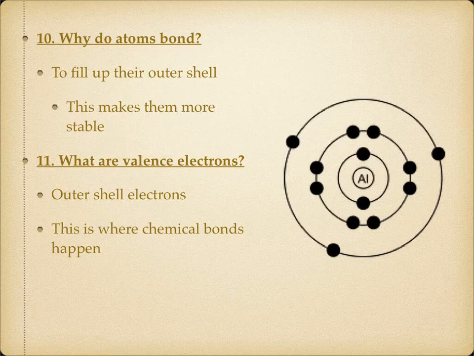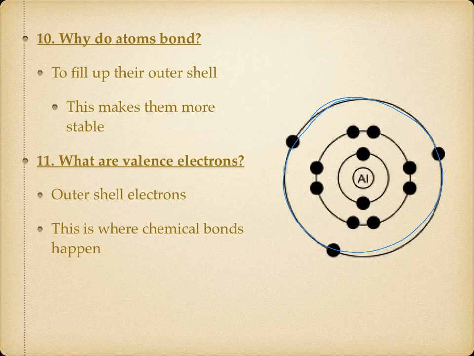Okay, number 11, what are valence electrons? Valence electrons are electrons in the outer shell, and this is where the chemical bonds happen. So in this atom, which is aluminum, this is the valence shell, or the outermost shell, and there are 3 electrons in it.